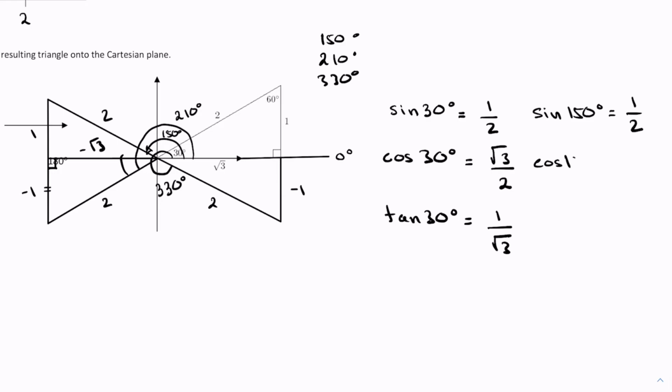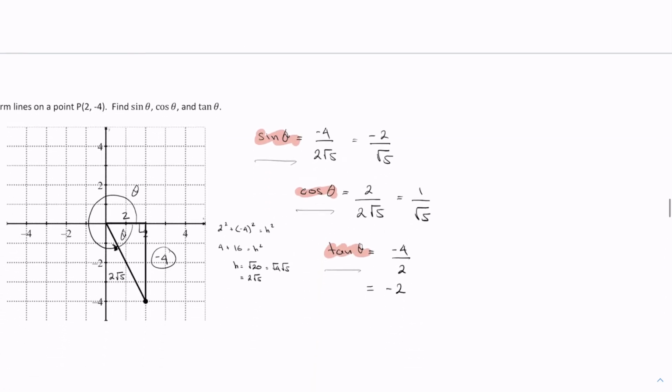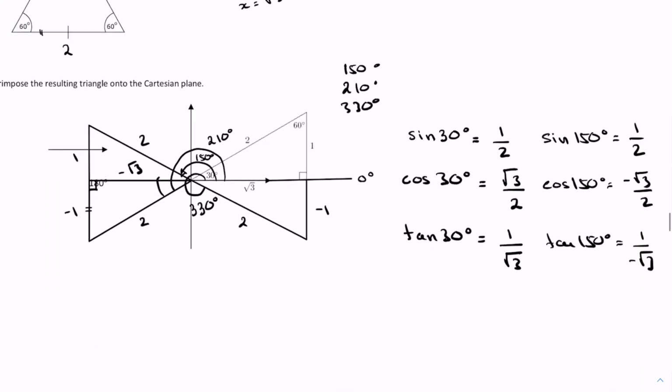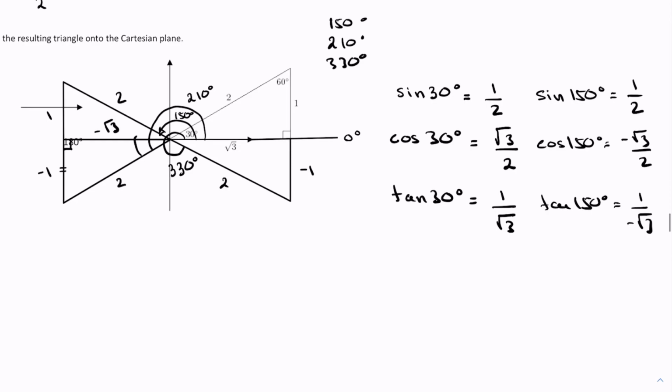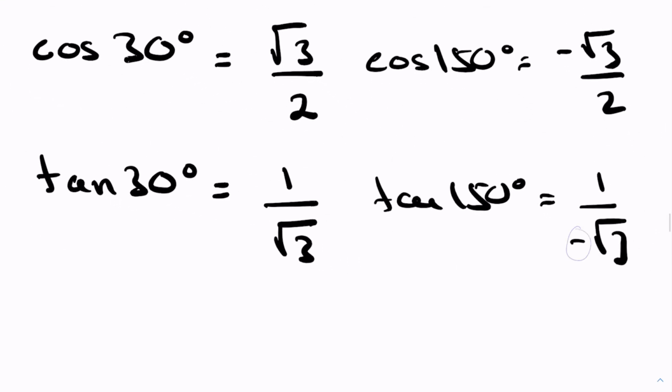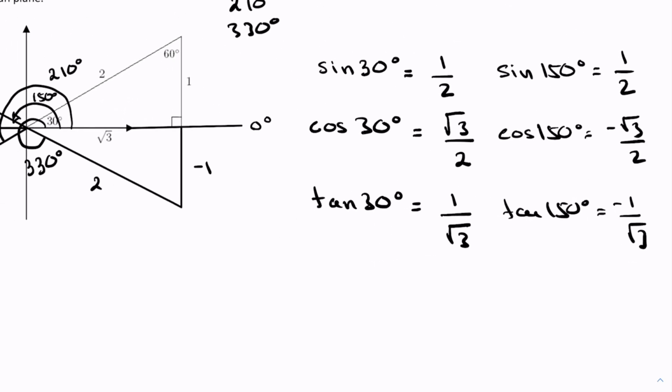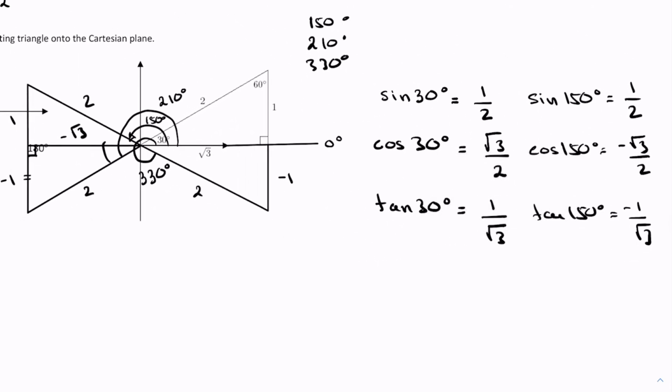Cosine of 150 is going to be negative root 3 over 2, and tan of 150 is going to be 1 over negative root 3, but I'm just going to put the negative at the top and circle this. And that's the values for 150.